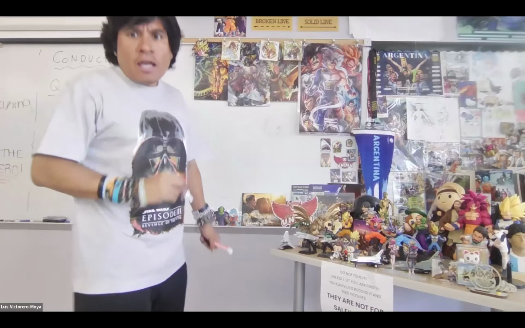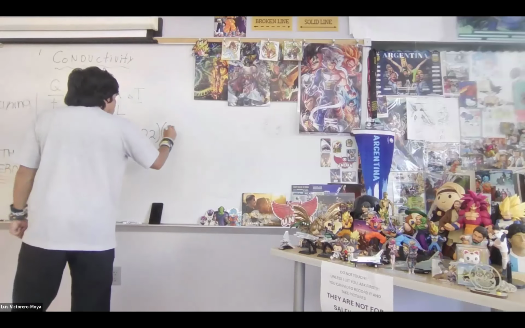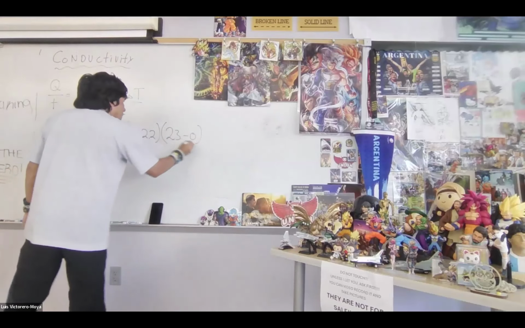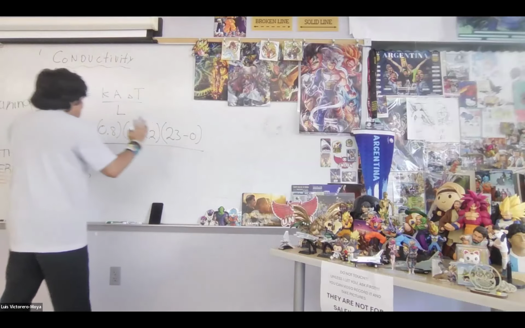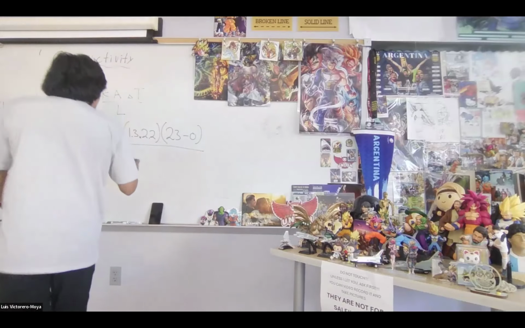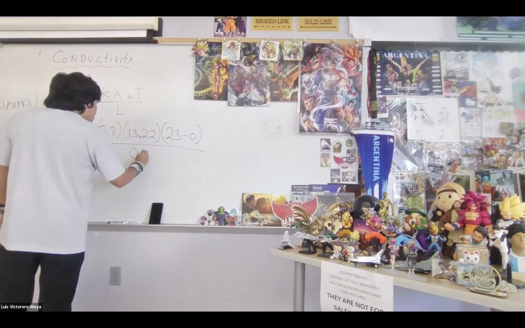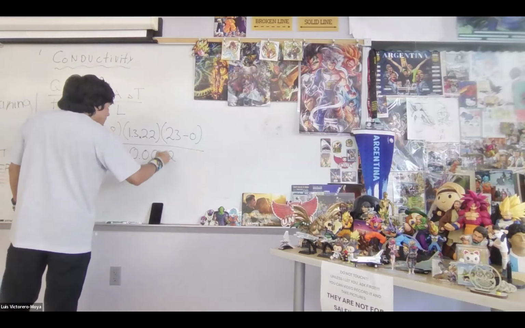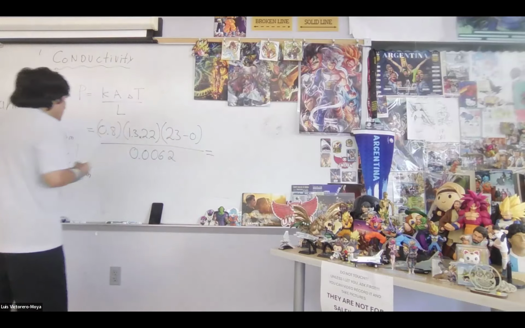Indoor is 23, outdoor is 0, so 23 minus 0, divided by the length. That's the thickness of the window, 0.62 centimeters, which is 0.0062 meters. You've got to change that into meters.